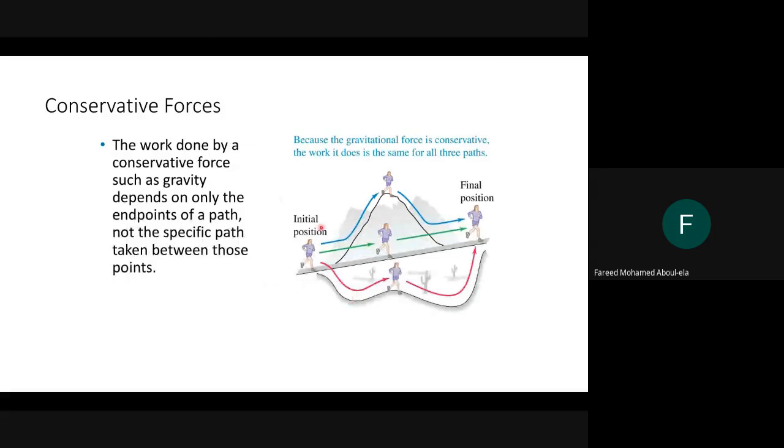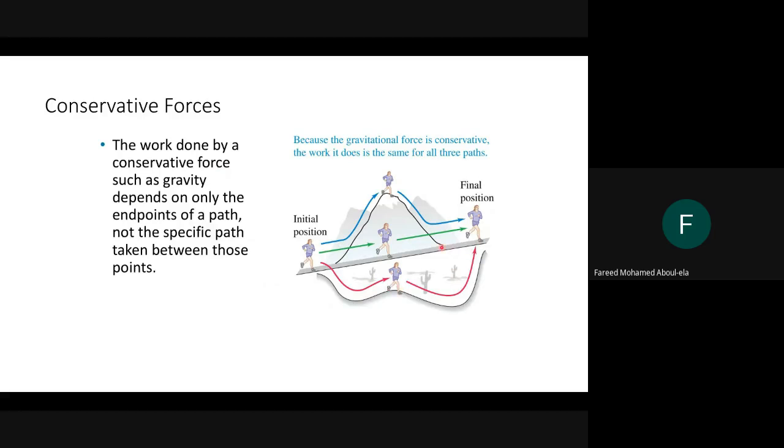Here's an illustration of what we said on the previous slide, that the work done depends only on the endpoints of a path, not the specific path. So for example, if someone goes from the starting position to the end position by the mountain or by the valley, it's the same work.